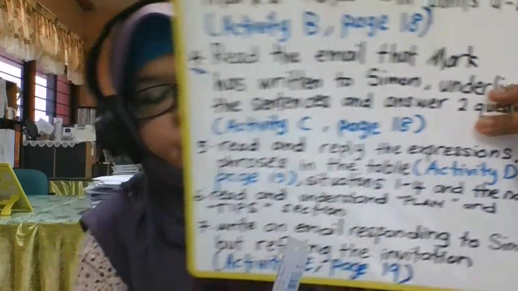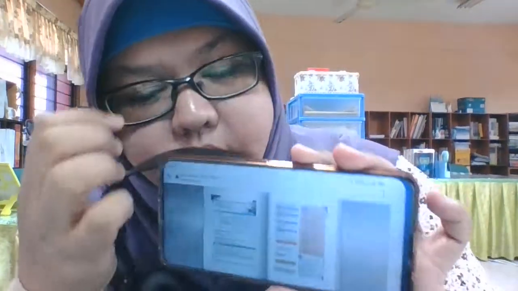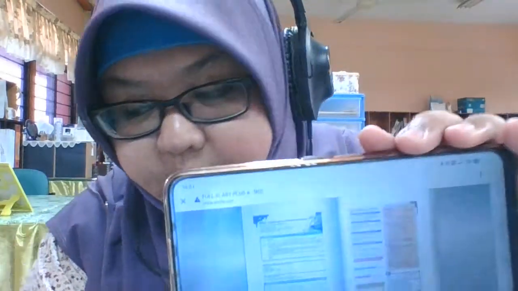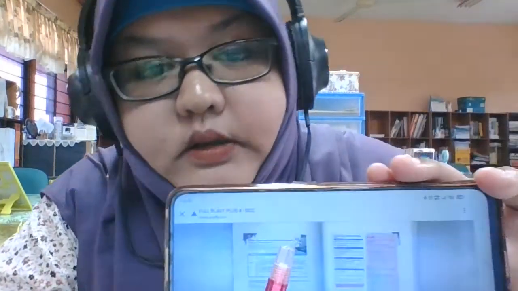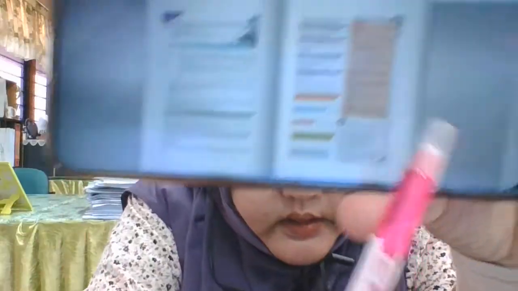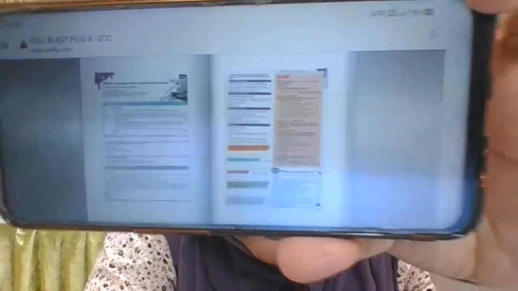What is table? Table means, what is it? Table is this one. Next page. Page 19. Oh, okay, sorry for that. This page, yeah. This one, page 19.